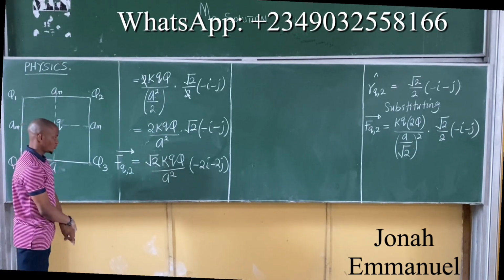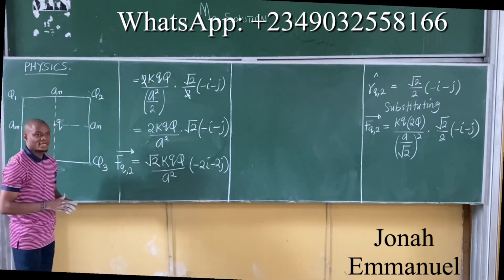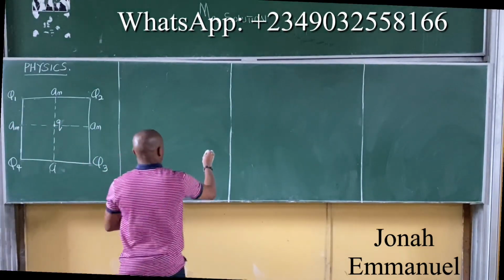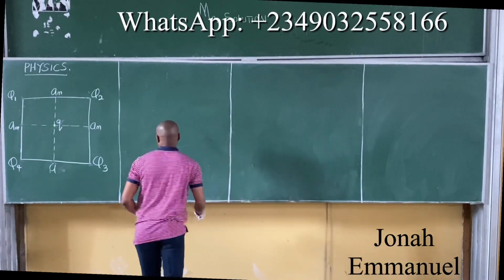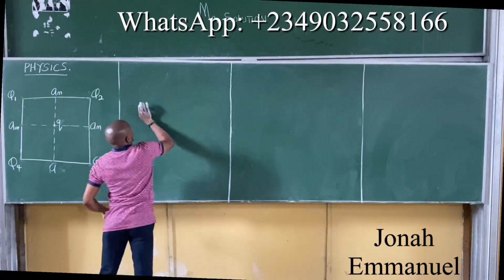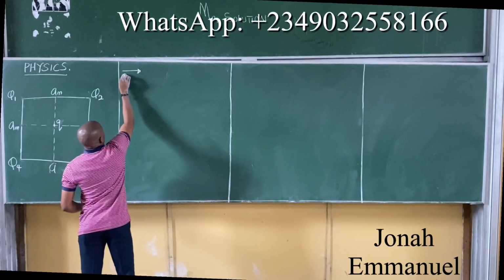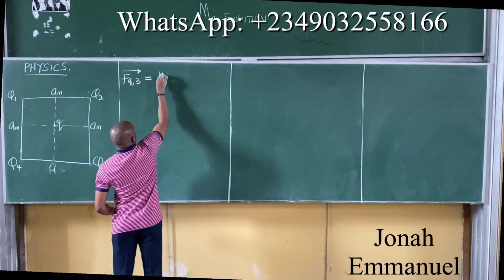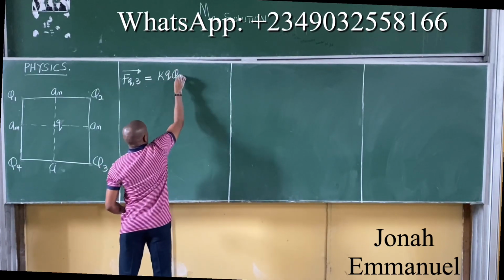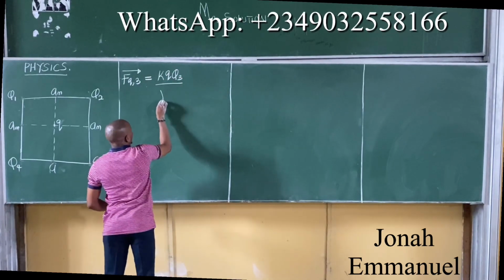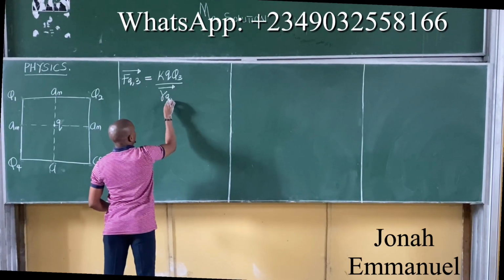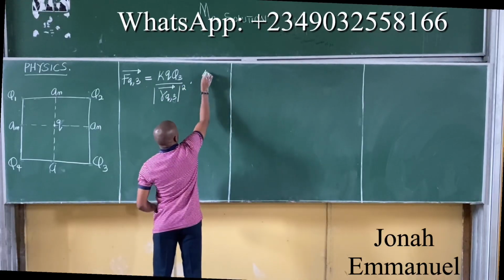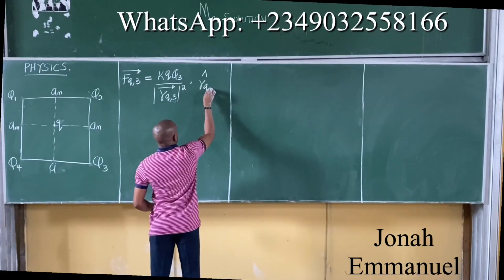Let's get FQ3. Right, FQ3. So, next up, FQ3 is equal to KQ3 all over RQ3, all squared, dot unit vector of RQ3.